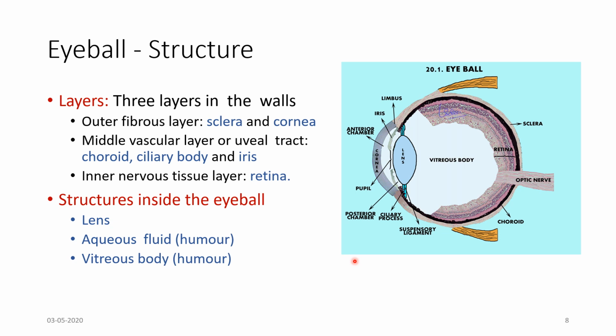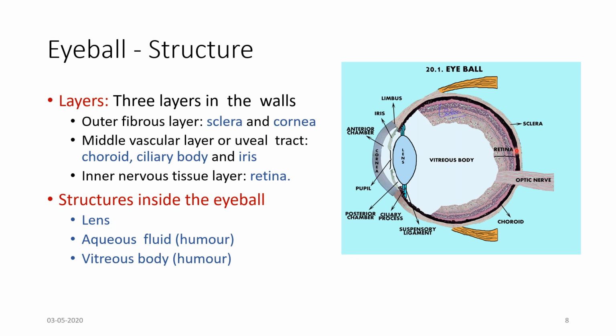The outer layer, which is fibrous, consists of the posterior 5/6, the sclera, and the anterior 1/6, the cornea. The middle vascular layer or uveal tract consists of the posterior choroid, the middle ciliary body, and the anterior iris.